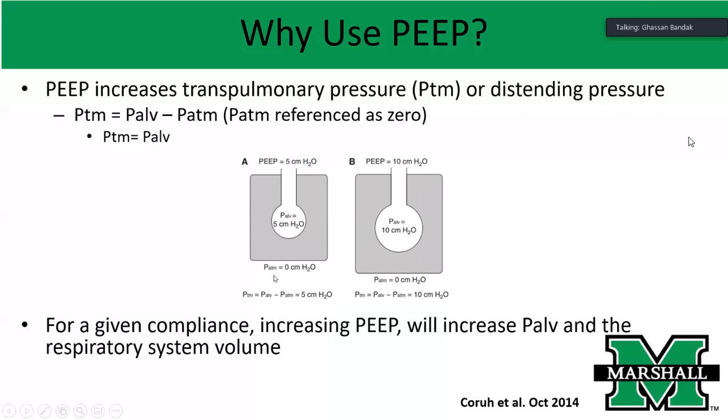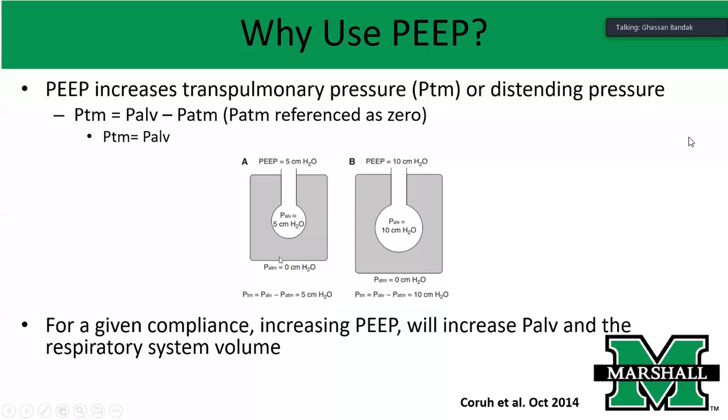So at a PEEP of 5, you will have certain distension in the lung. And as you add more PEEP, you will cause more distension in that respiratory system that is made of a ton of balloons, small air units, okay?